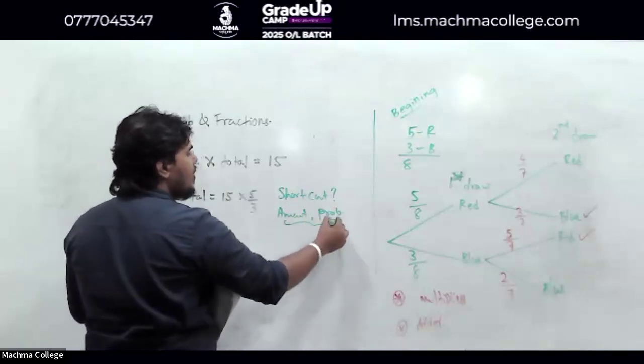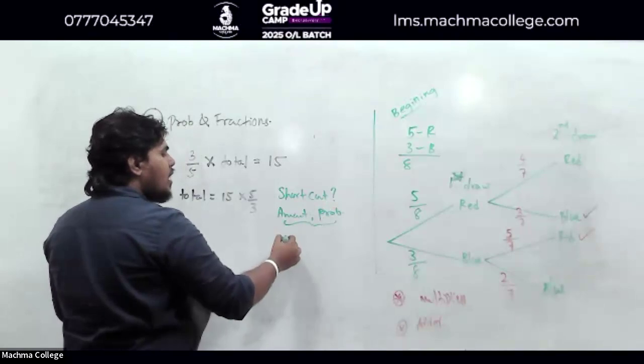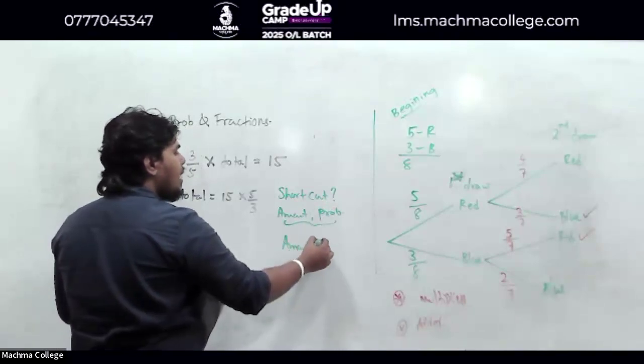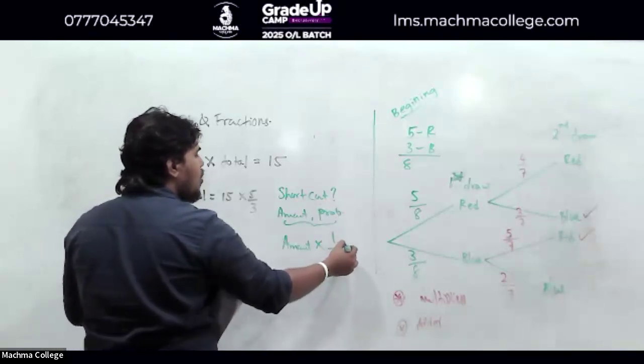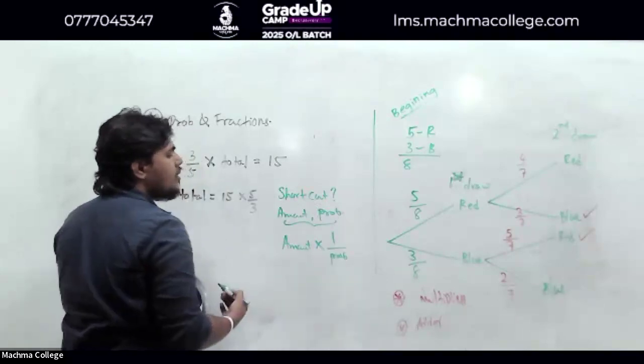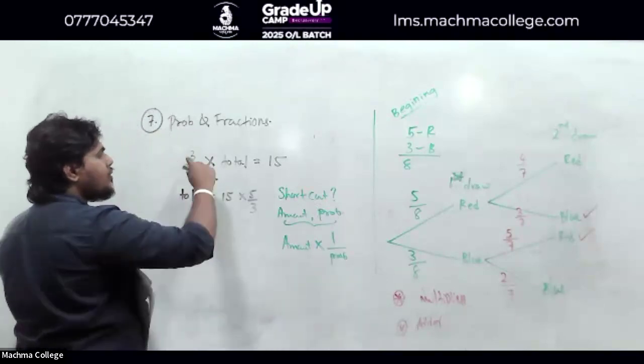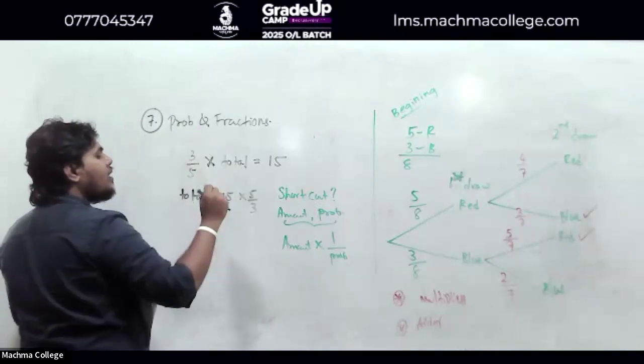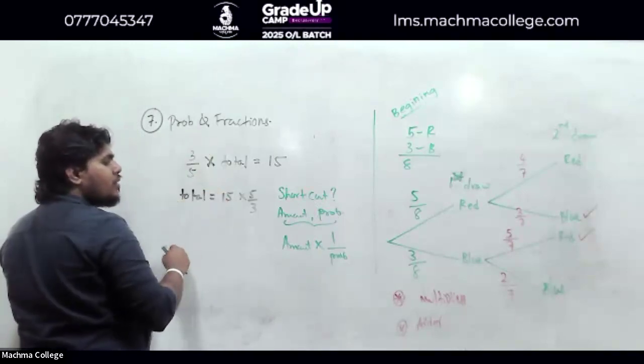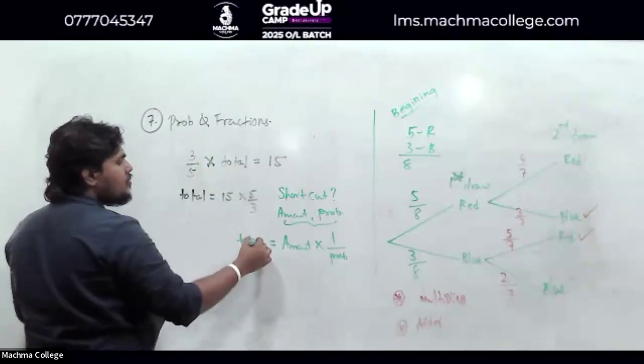If these two are given, it's very easy. Amount multiplied by the reciprocal of the probability, 1 over probability. The reciprocal of 3 over 5, which is 5 over 3, gives you the total.